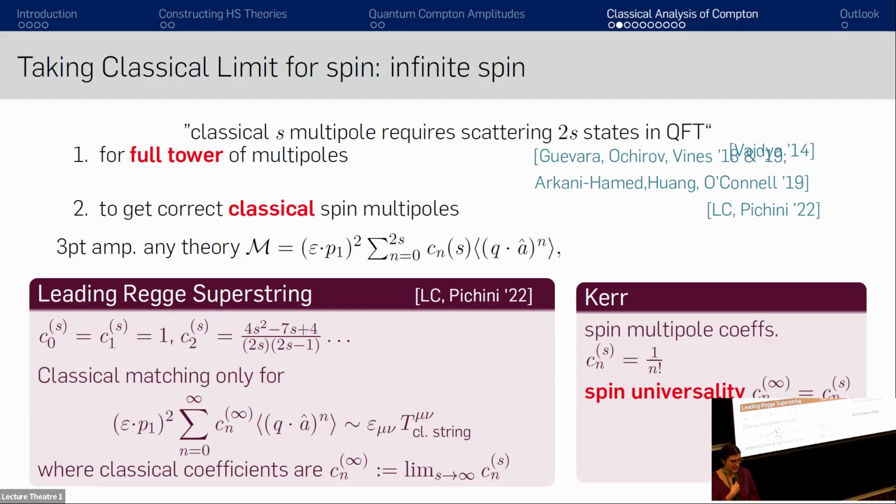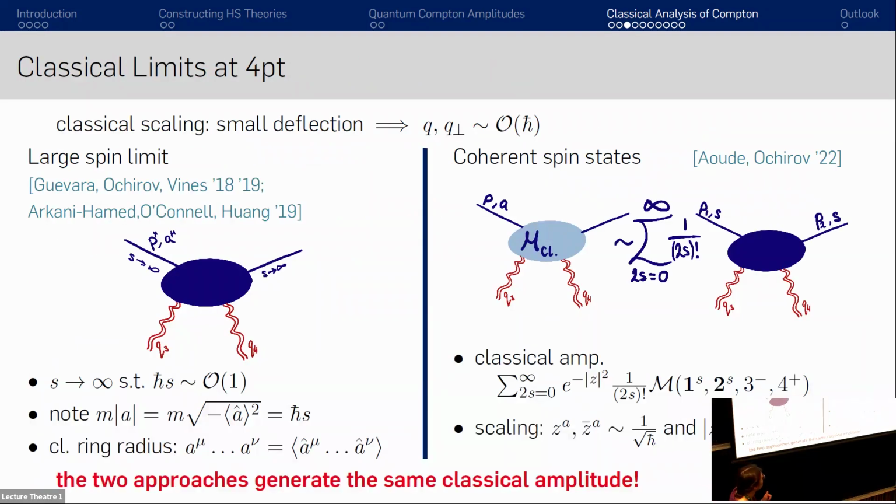For us, a classical limit involves some sort of infinite limit, where you have to be able to trace the behavior of spin as it goes to infinity. And what's the reason for that? Well, if you want to compute the variance of your operators, that only vanishes when spin goes to infinity, either in a coherent state approach or in a large spin approach. So maybe this is the better image to have.